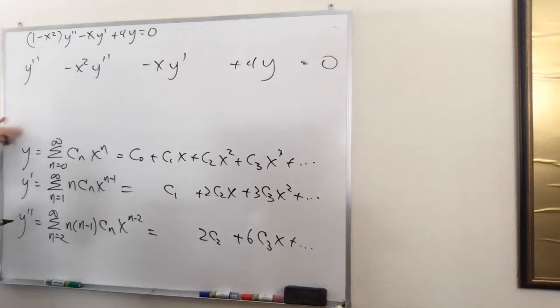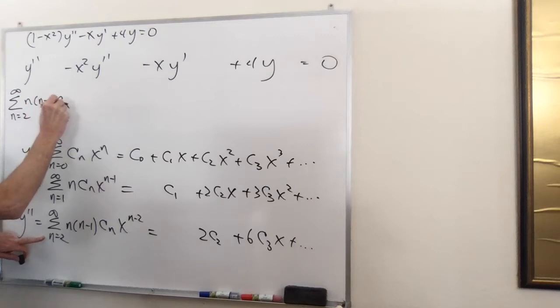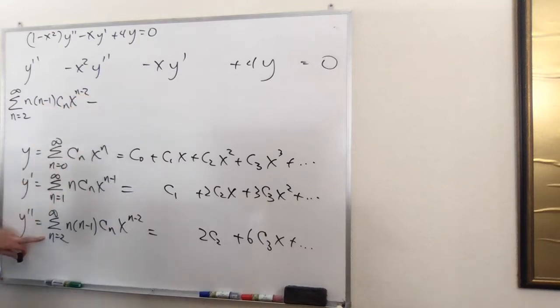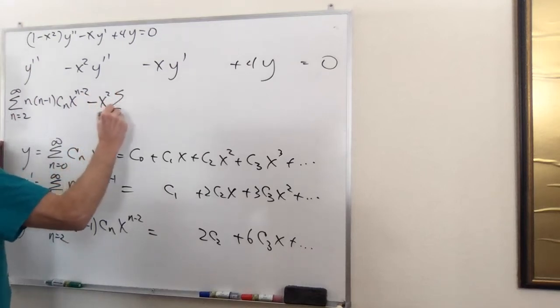Okay, so let's plug this guy in here. Here we go. This one is the sum from n equals 2 to infinity of n times (n minus 1) times c_n x to the n minus 2. And now, when I take x squared, I'll just write it out: x squared times this same sum.